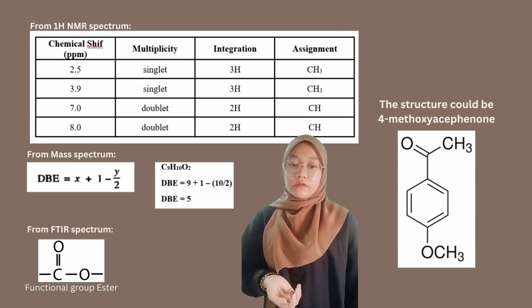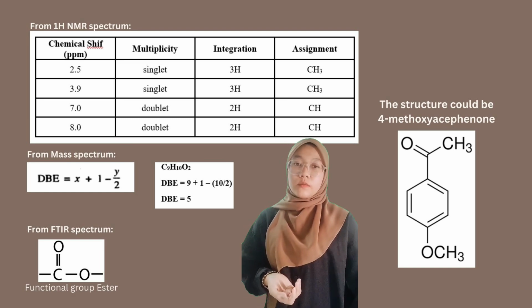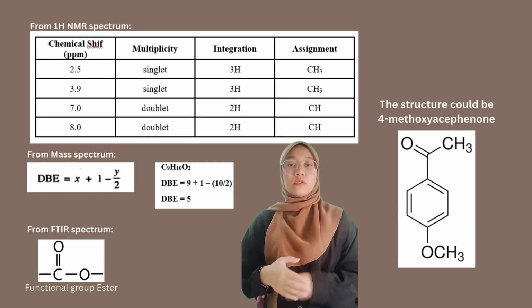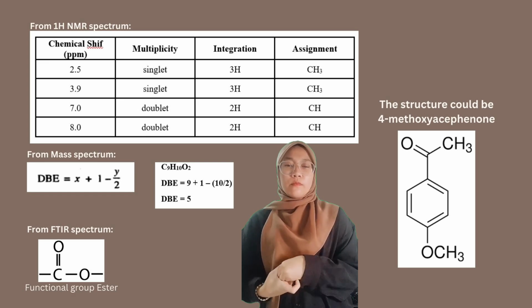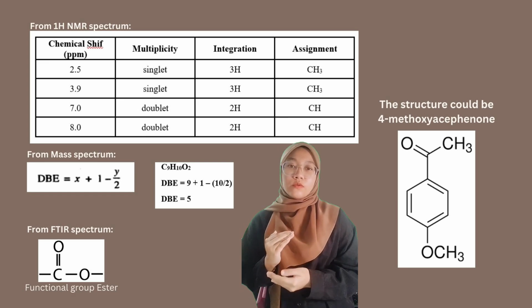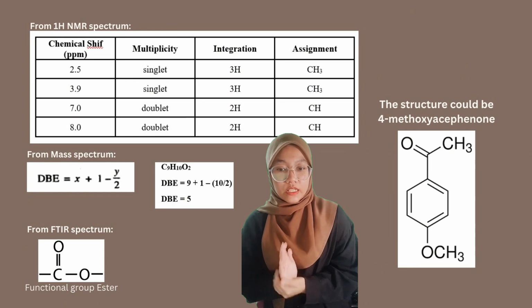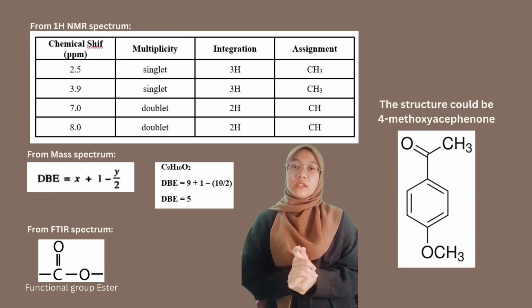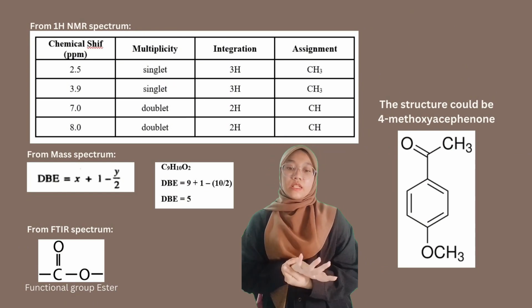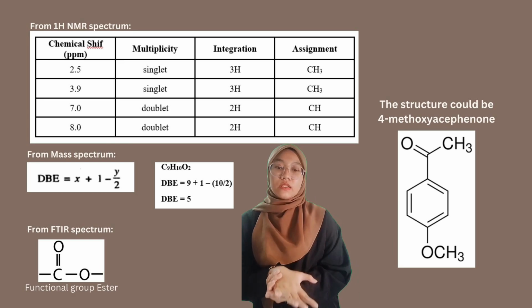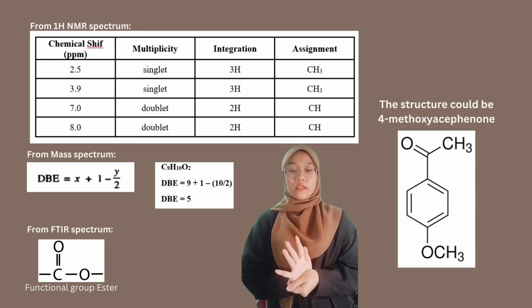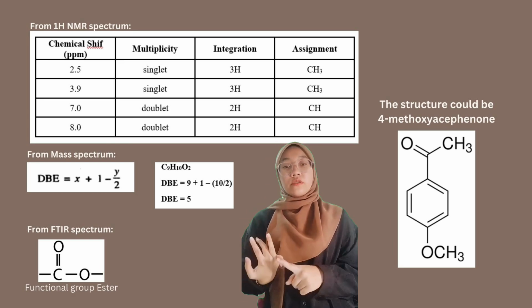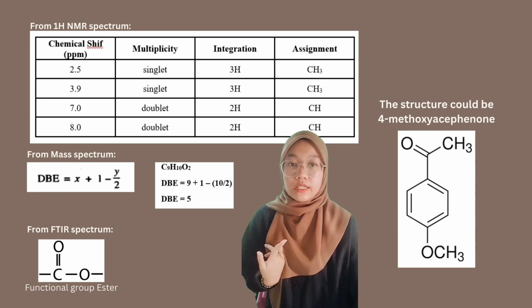Then, from the mass spectrum analysis, we get the molecular formula, and based on the molecular formula, we can calculate the DBE, double bond equivalent. Then we get 5. This indicates the presence of 5 degrees of unsaturation, which is double bonds, rings, or aromaticity.